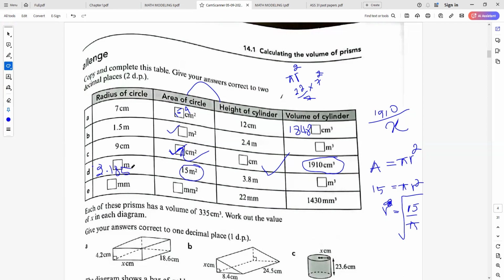The area is pi r squared, so pi times 2.185 squared is equal to 14.9. So I get 14.9, which is nearly 15 meters squared. Then we know the area, and we have the height also. Then you just multiply these to get the volume of this cylinder.